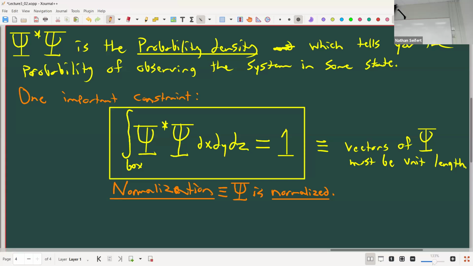If it doesn't, and there's no way to take the square of this function and divide it by some number to get the integral to be 1, then it's not a wave function. If this integral diverges, say goes to infinity, then that's not a real system. It has to be convergent. It has to be normalized to 1. This is one of the hardest rules in physics and chemistry.